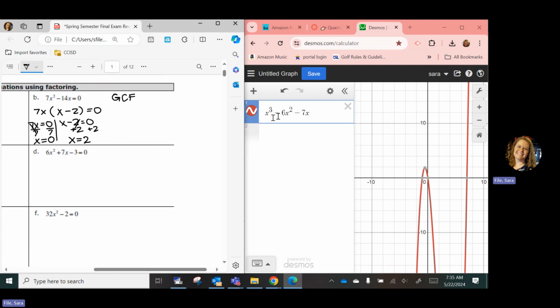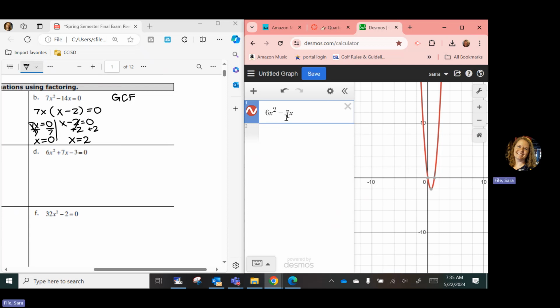So for D, I've got 6x squared plus 7x minus 3. Okay, and so I can come here and I can see it's at negative 1.5 and at positive 0.33.